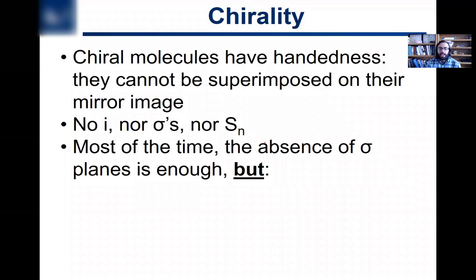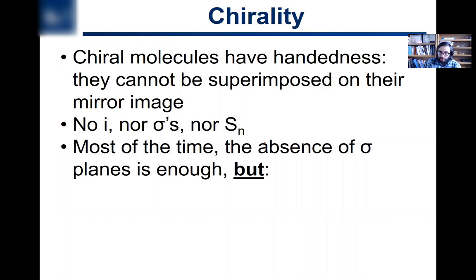Now, you might have learned in organic chemistry, depending upon how it's being taught, that if you don't have a mirror plane, that means you're chiral. But that's not true. Okay, that's not good enough. Most of the time, that's good enough.